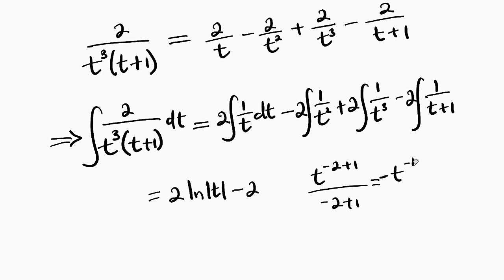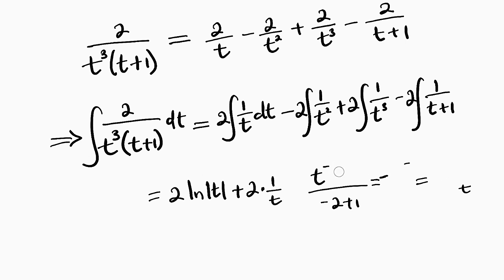But t to the negative 1 is also the same thing as 1 divided by t, which implies that the whole of this is equal to negative 1 over t. Since we have a negative here, once they multiply, it becomes positive. So let me just change this to positive 2 times 1 divided by t. We are done with this one.